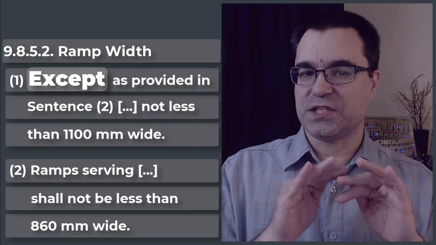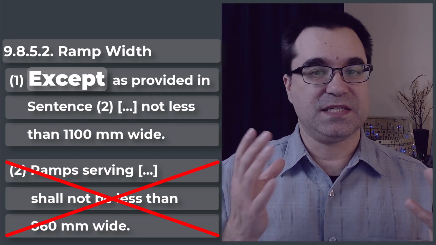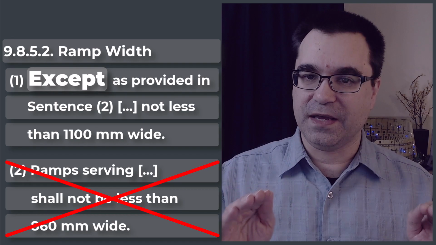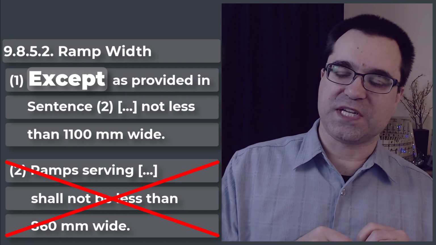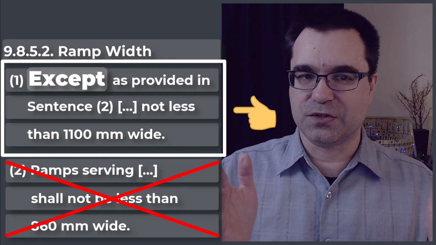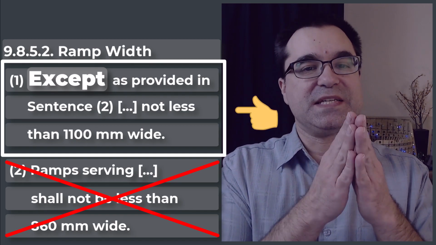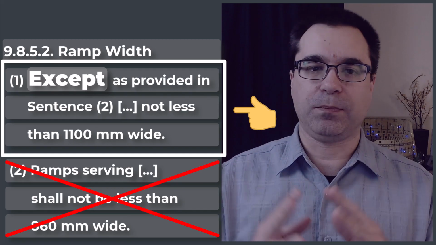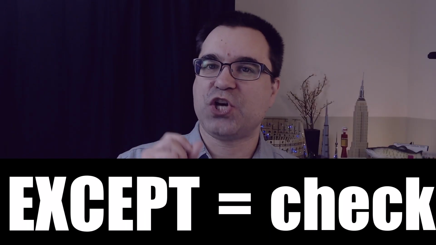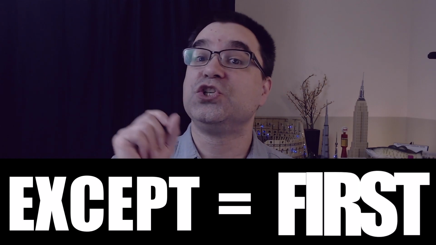If the exception does not apply, that is, in this case, if sentence 2 does not apply, you go back to the original sentence where the word except appears, and you continue reading after the word except, because the rest of the sentence now applies. I hope this makes sense. Again, except means check this first. Check the exception first, because it always wins if it's satisfied.